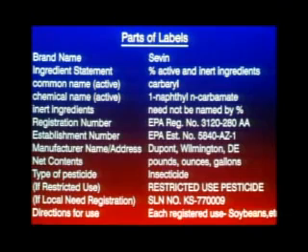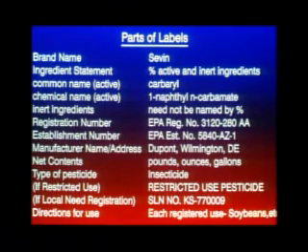Other things that are listed on the label, of course, are the EPA registration number, which is very important when dealing with record keeping and restricted use pesticides. The establishment number tells where this particular pesticide was jugged or where it was manufactured. And then it tells you whether it's restricted use or not, directions for use.